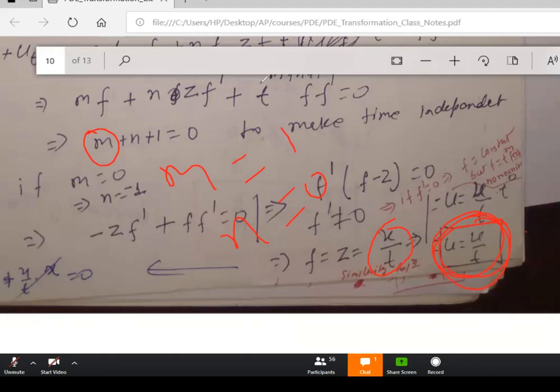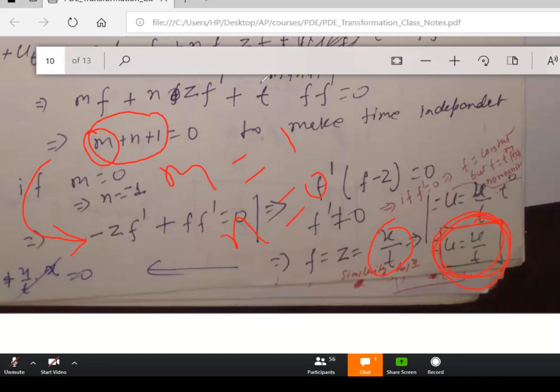Because you have two unknown parameters, but you have only one equation. This is overdetermined. So depending on your choice, you can put m or n as per your wish. And if you are able to convert into ODE, then you will get the solution. So even for the similarity solution, you can get many similarity solutions.